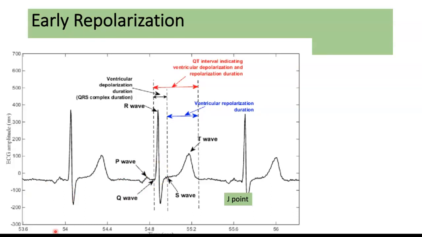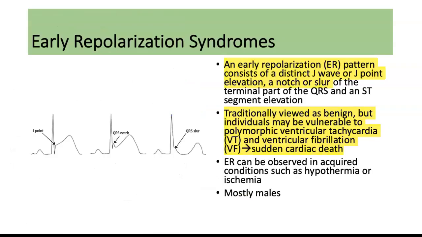There are a couple syndromes or occasions that are characterized by early repolarization. An early repolarization pattern consists of a distinct J wave or J point elevation, a notch or a slur at the end of the QRS complex, where it meets the ST segment.